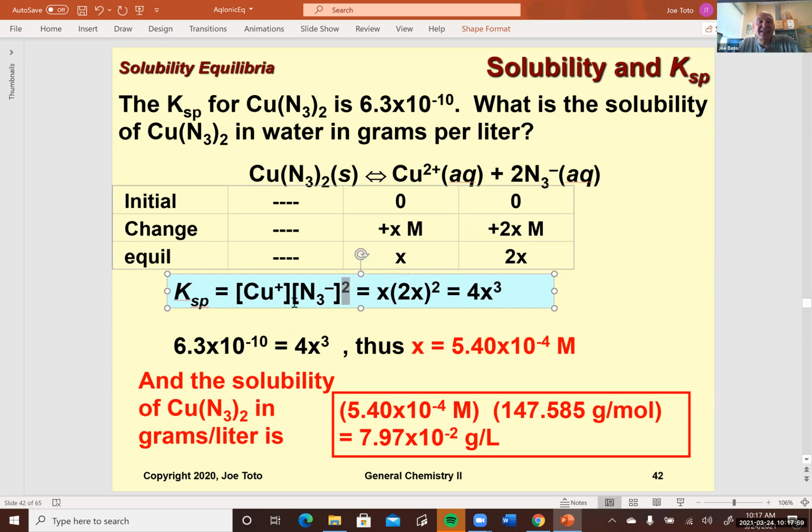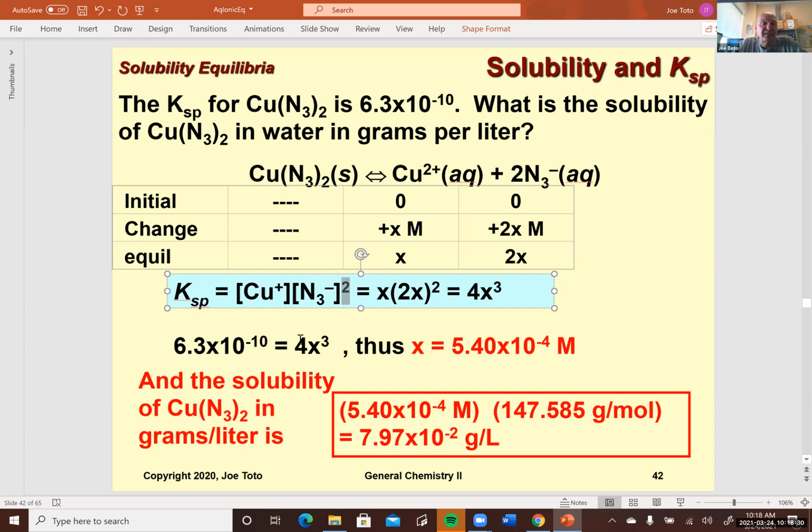So the Ksp equals X times the quantity 2X squared, because 2X is the equilibrium concentration of the nitride, and I have to square that according to the definition of the equilibrium constant using the law of mass action, which says the concentrations of the products to their stoichiometric coefficients divided by the reactant.